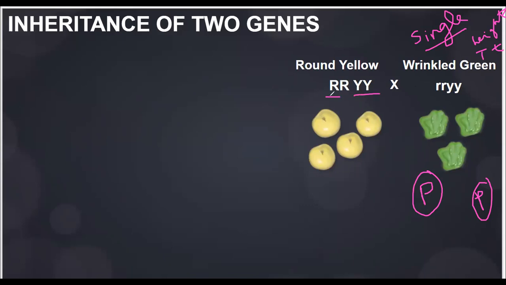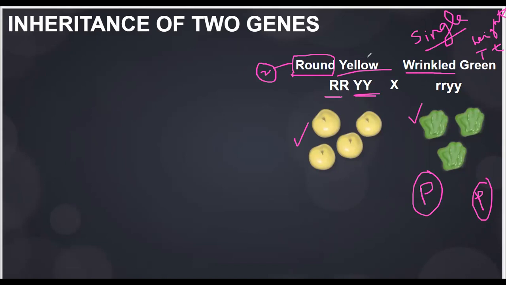We will take the shape of the seed and the color of the seed. If we had done only the shape, then it would be a monohybrid cross. But here we are taking two traits, two characteristics of the pea plant. The shape of the seed has two contrasting traits: either the shape of the seed will be round or wrinkled.